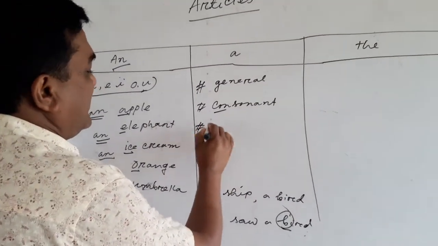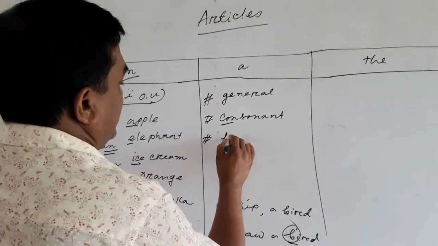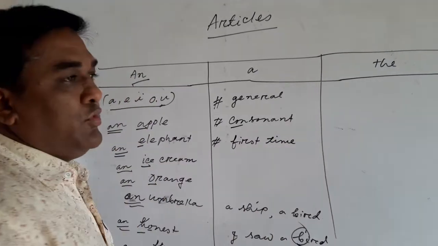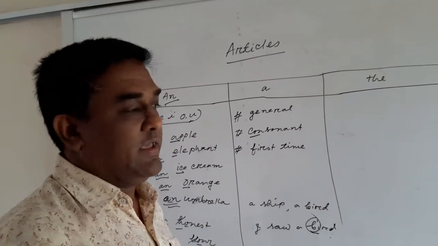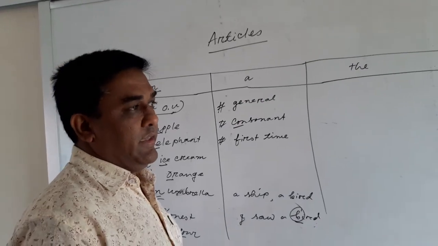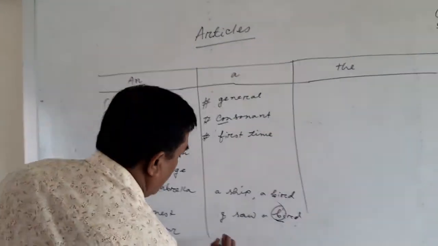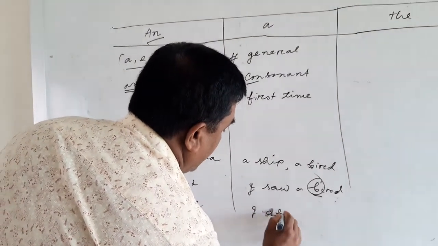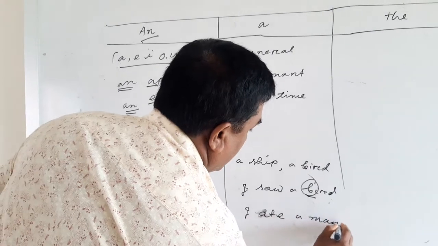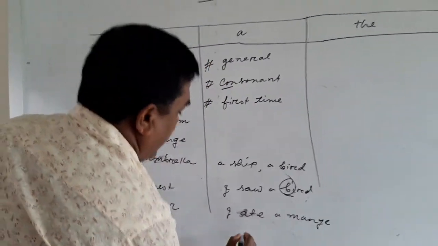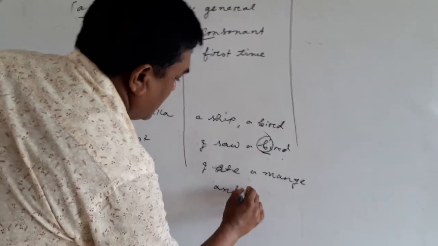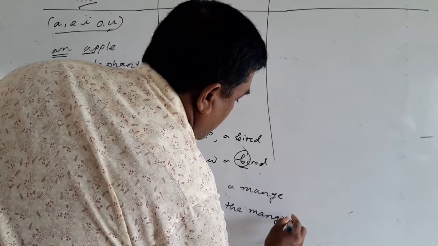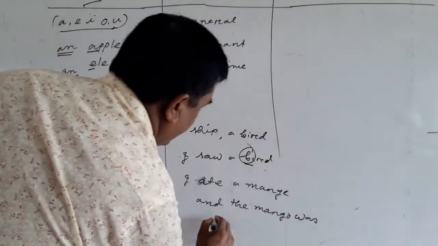Then, for the first time. When we mention something for the first time, it takes article A. Suppose I ate a mango and the mango was sweet.